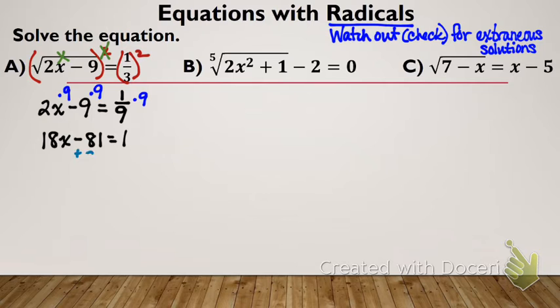Plus 81 on both sides. So I have 18x equals 82. And then? Divide both sides by 18. Can I reduce that at all? 41 over 9. You said 41 over 9. I like it.